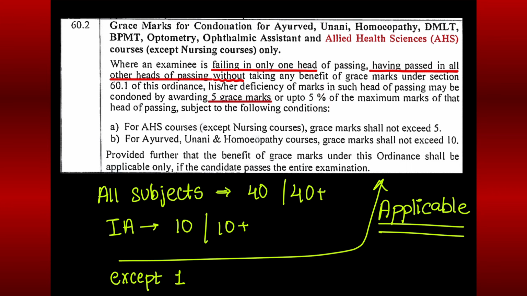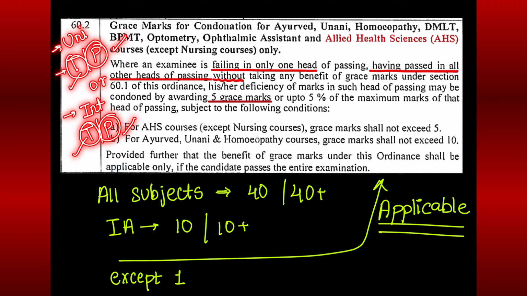This 5 grace marks can be awarded for your university theory paper, practical paper, or it can be given for your internal assessment marks. But for internal assessment also, either it will be given for your theory or practical. So under these 4 heads, only one head will be covered: either university theory or university practical of any one subject, or internal theory or internal practical of any one subject.